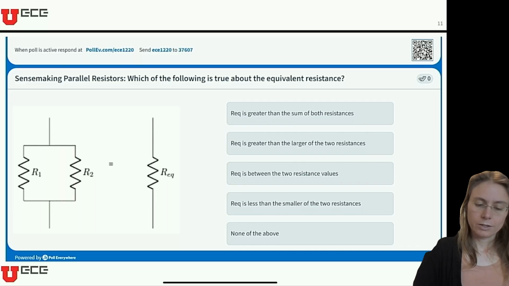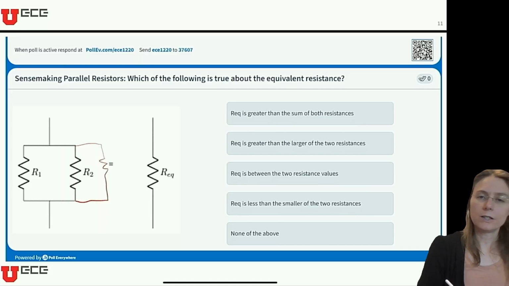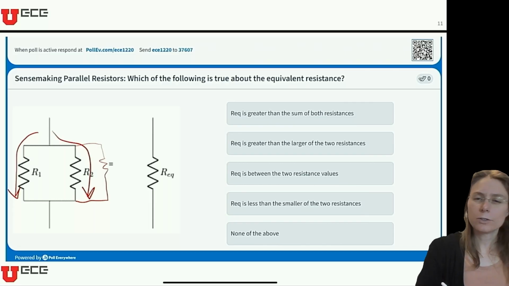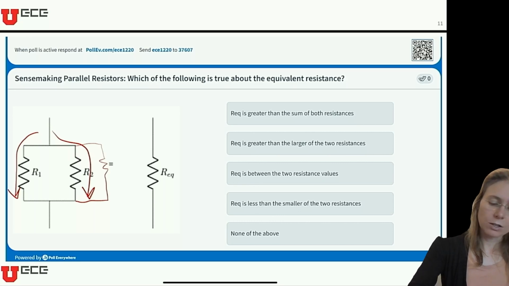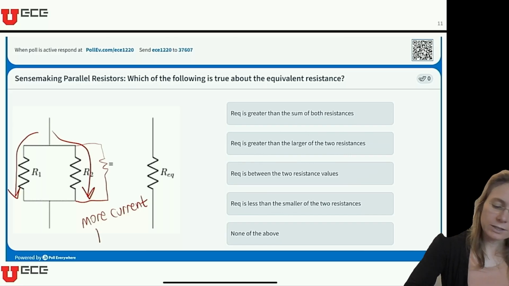Okay, so as we add more resistors in parallel, we are essentially creating more paths for current. So if we have more total paths for current, that means more current, holding voltage equal, that is. And so more current, according to Ohm's law, means less resistance, because current and resistance are inversely proportional.